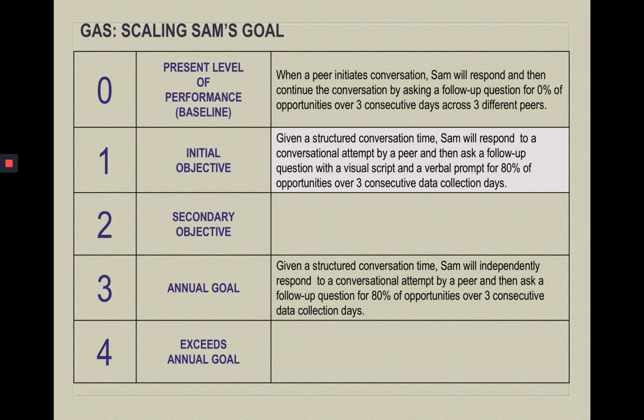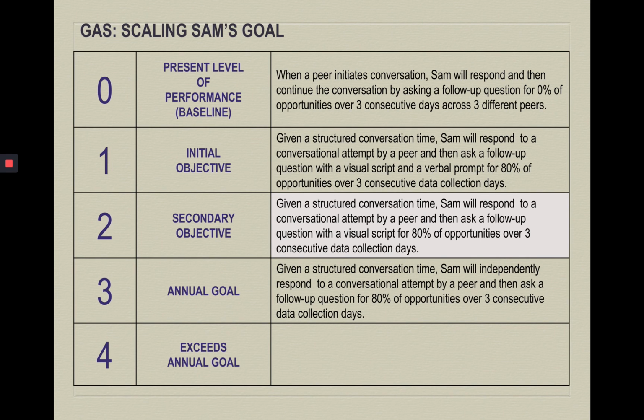When given a structured conversation time, Sam will respond to a conversational attempt by a peer and then ask a follow-up question with a visual script and a verbal prompt. So we are identifying a more structured time as our context or antecedent, and we're also providing prompts. He has a visual script as well as a verbal prompt to support him. So this is still highly supported at level 1.